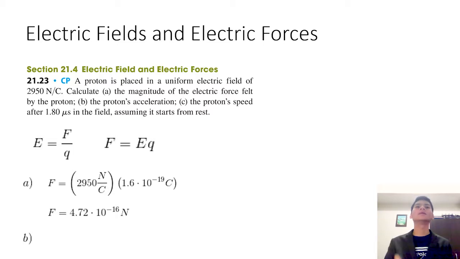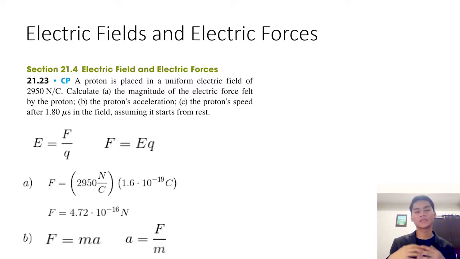Now, we are asked to find the proton's acceleration. I mentioned at the start of the video that we've been using Newton's laws for the physics of the big things. Now we're talking about the small things, but actually in this case, it still applies. So we know F is equal to ma, and from there we know that a is equal to F over m.